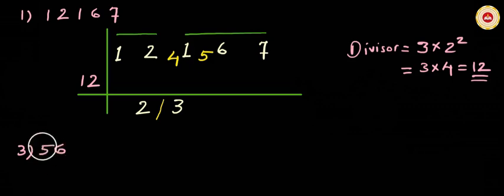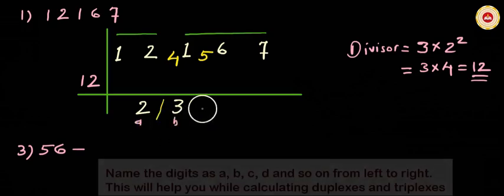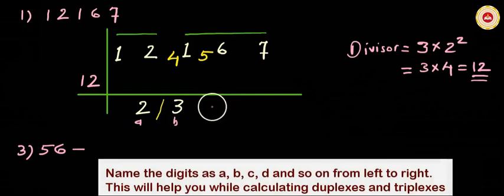Now we are going to calculate the net dividend from this gross dividend by subtraction. What to subtract? We are going to calculate the third digit of the cube root from the left side. So this is digit A, this is digit B, let us name them. Now we are going to calculate the third digit C. So 56 minus, now what to subtract?